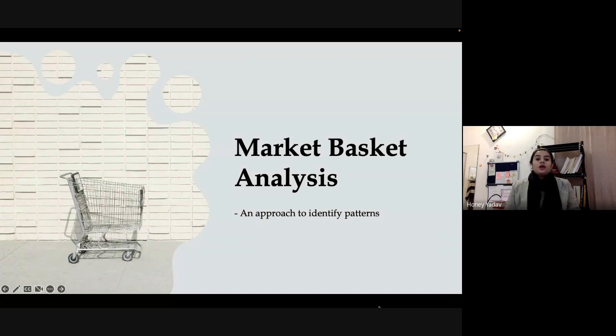So market basket analysis. There are two kinds of perspectives on customer data that we can utilize when we do data mining analytics. One is from the side of the customer characteristics.